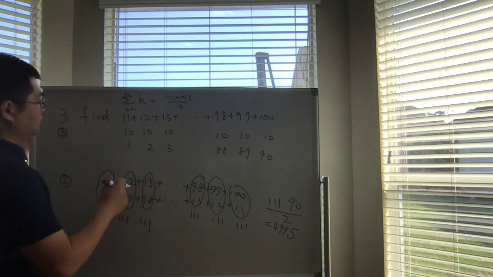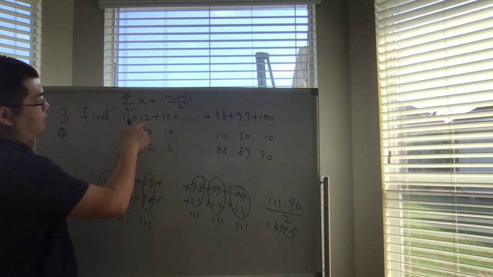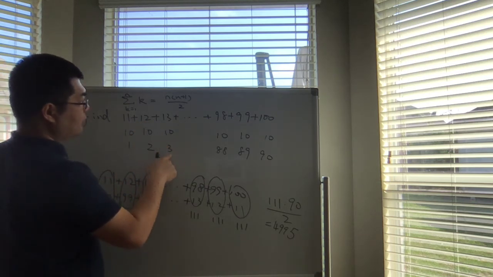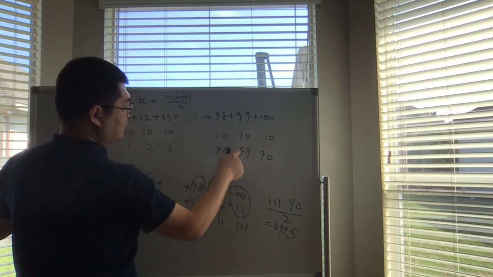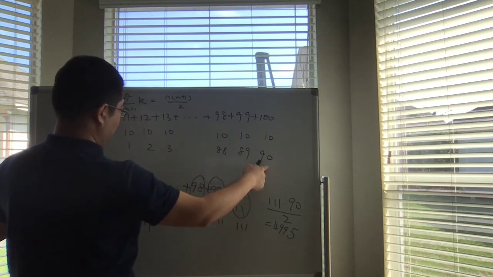In other words, 11 can be decomposed into 10 plus 1. 12 can be rewritten into 10 plus 2. 13 is 10 plus 3. 98 is 10 plus 88. 99 is 10 plus 89. 100 is 10 plus 90.